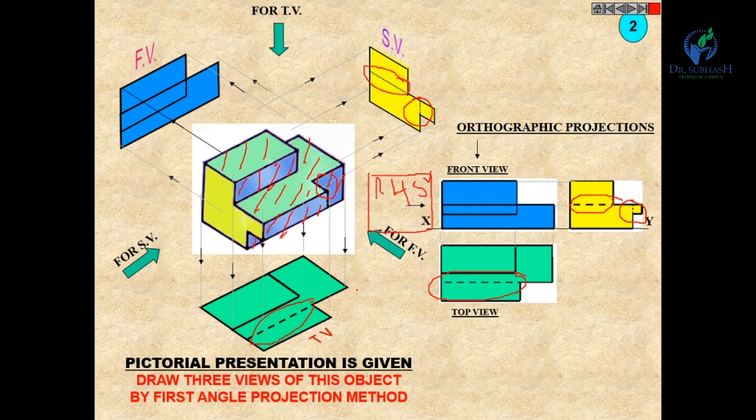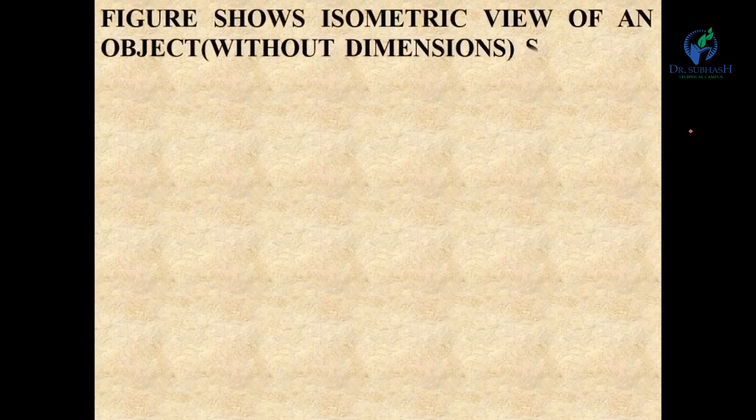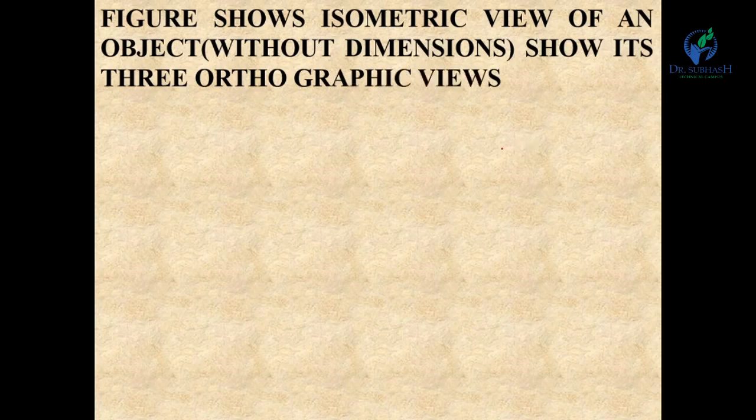Now let us see one more example for the third angle projection method. So this is the left hand side view. Figure shows the isometric view of an object without dimensions.